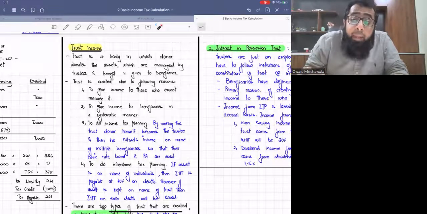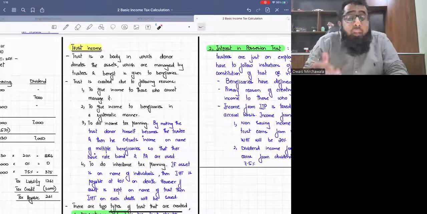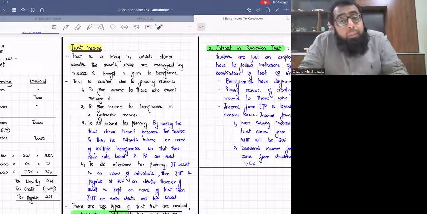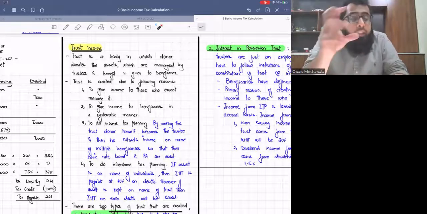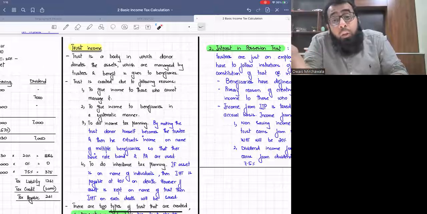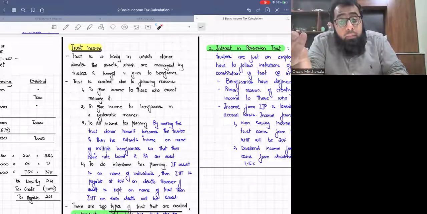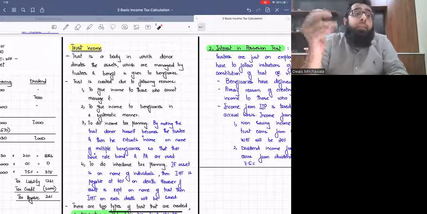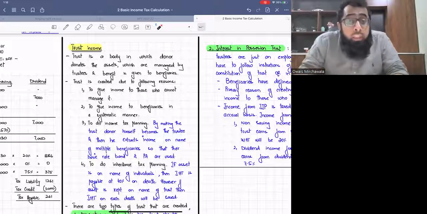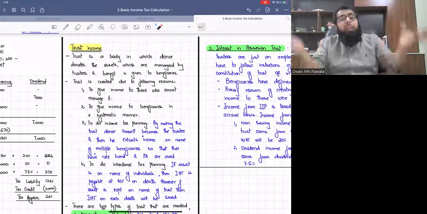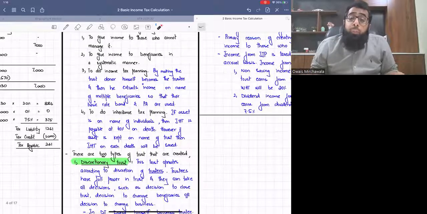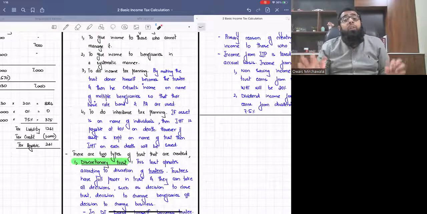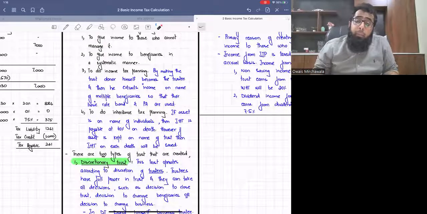Those assets are managed by the trustees for the benefit of the beneficiary. Now, why is the trust created? To give income to those who cannot manage it, or to give income in a systematic manner, or to do income tax planning. There are multiple reasons. By creating a trust, we distribute the income in the names of multiple people.